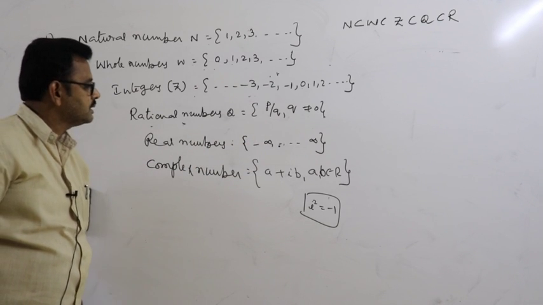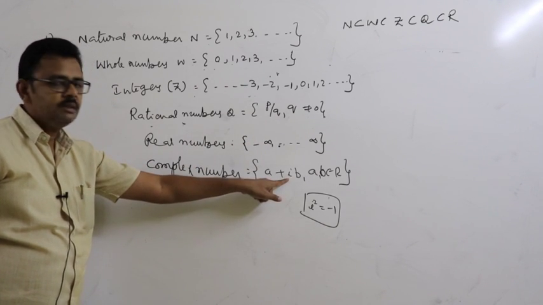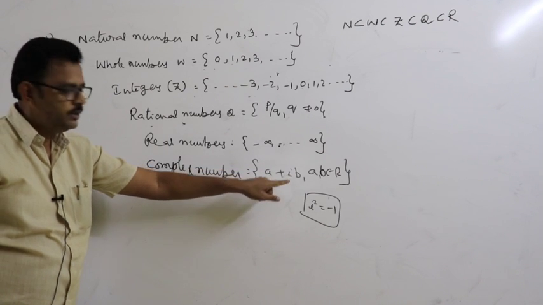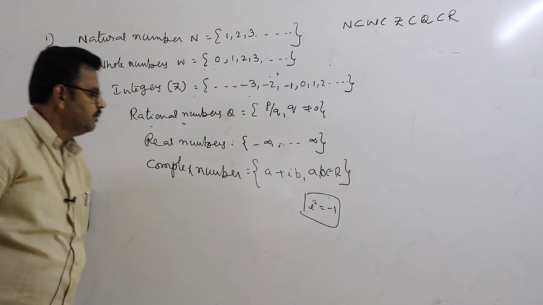Euler was the first mathematician to introduce the symbol i with the property i square is equal to minus 1.